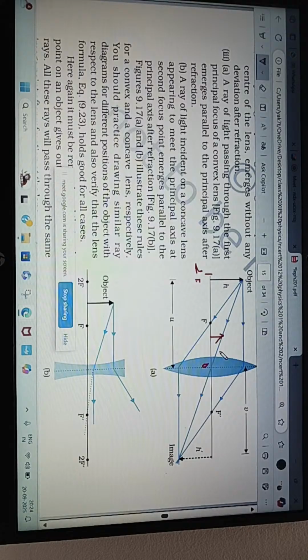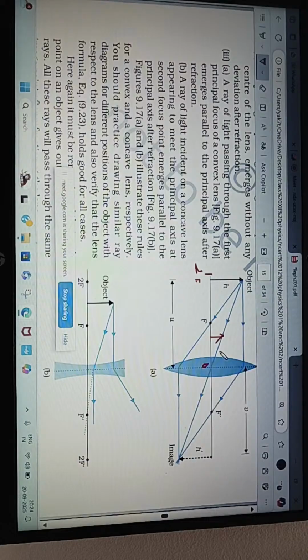How many ray diagrams are there? 7, sir. Tell me one by one. Object is at infinity, between 2F and F, beyond 2F, at F and at 2F. 5 only, na? You are telling 7. Where are the 7?